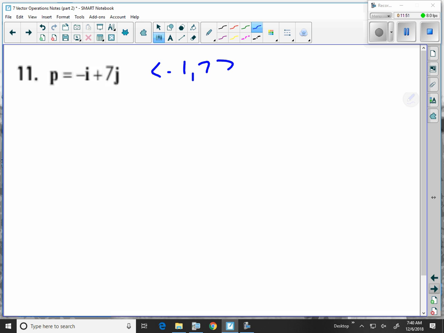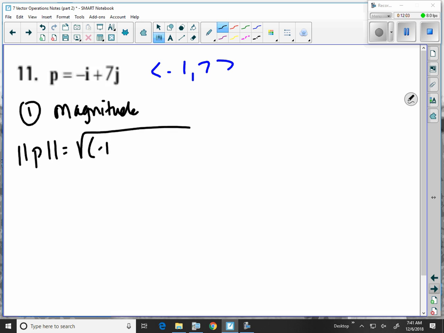What's my first step? Find the magnitude. I think that'll be radical 50. We have 7 squared is 49, -1 squared is 1.